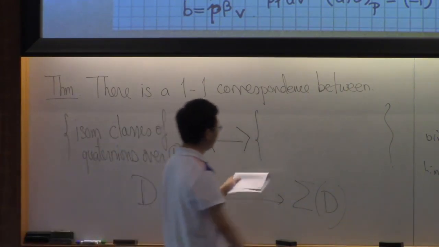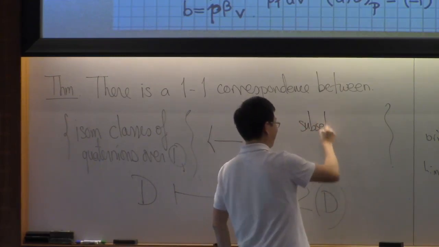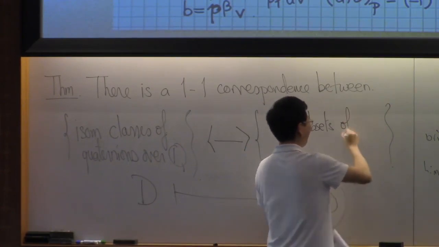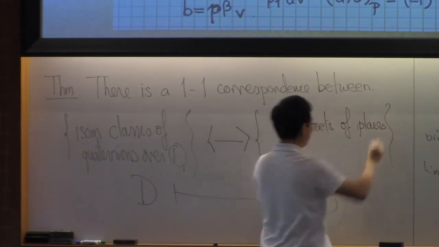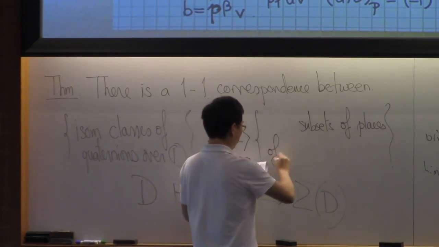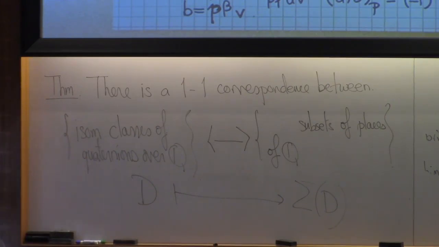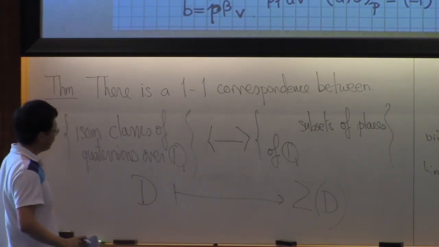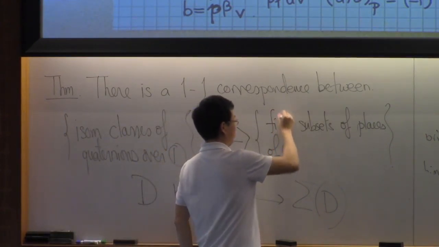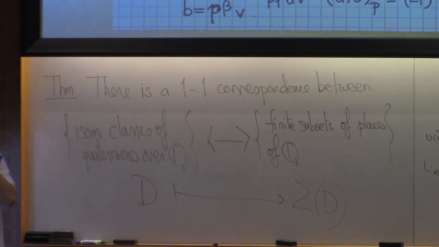More precisely, what you do is you start with a quaternion and send it to a subset of places of Q. First of all, the places where this quaternion is ramified form a finite set.